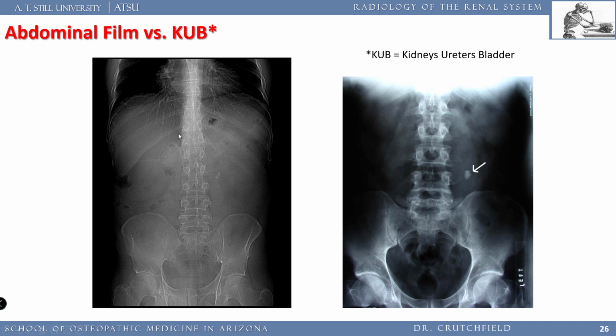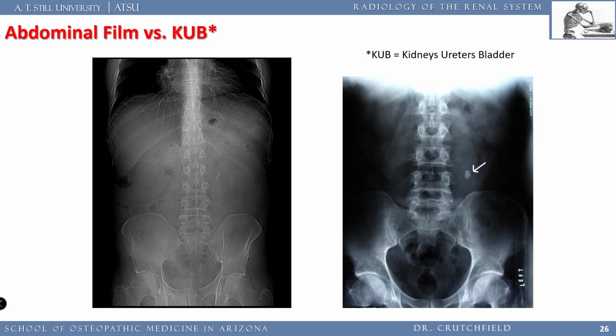But there's a difference between a KUB and an abdominal film. Now, if I was looking to see if somebody got stabbed in the belly, I wanted to see if they had any free air for a perforation, I could ask for a KUB or an abdominal film. It really wouldn't matter. But when you order what's called an acute abdominal series, that's how you order it, an acute abdominal series, it includes an upright chest x-ray and a flat and upright abdominal film.